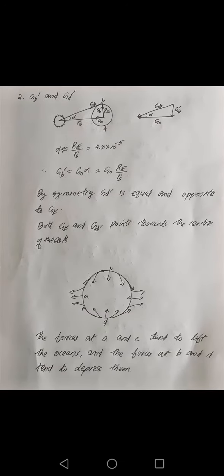Okay, now we want to calculate actual values of GA prime, GB prime, GC prime and GD prime. Okay, let us start calculating this. Let us first calculate GA prime and GC prime, then we can calculate GB prime and GD prime. That is good.